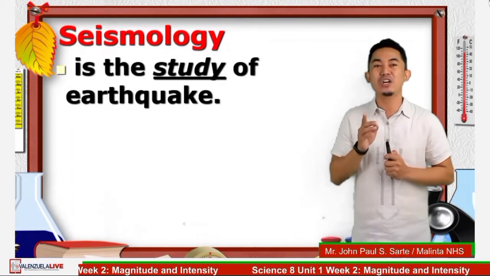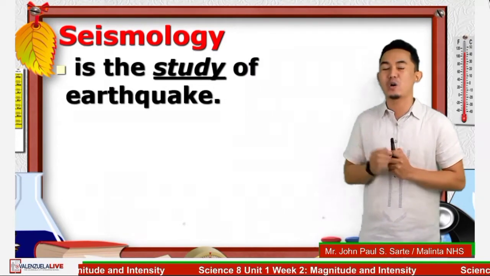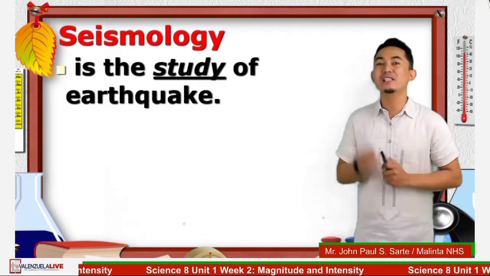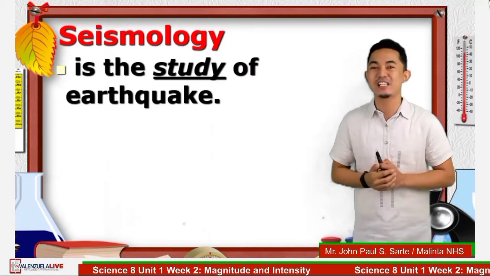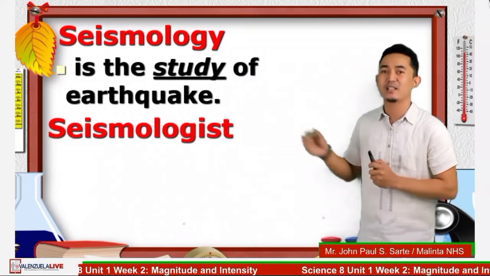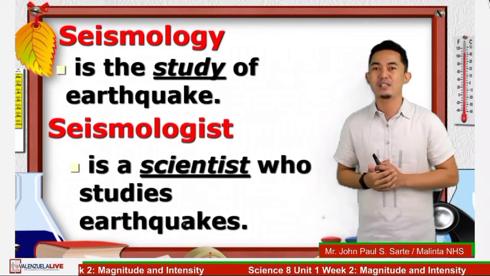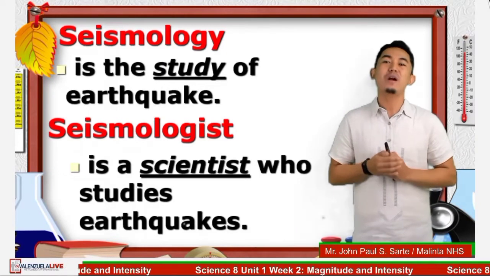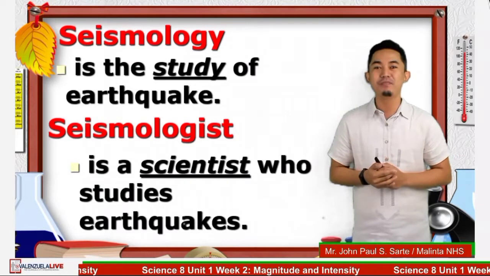Because in the Greek word, logos means study, while seismo means earthquake or vibration. That is seismology. A seismologist is a scientist who studies earthquakes. Seismologists are the expert people who are responsible for the studies of earthquakes.